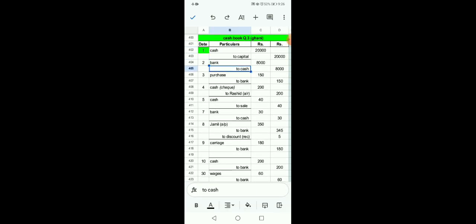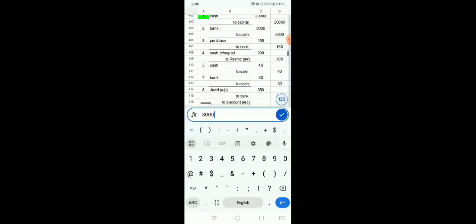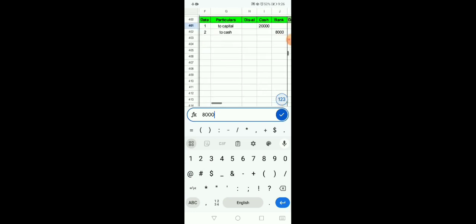Entry number 2 had two elements, and bank has been posted. Now the second element is cash, which is credited by 8,000. We will go to the credit side of cash and write 8,000 over here. Now see its reference: what is written on the opposite side of cash? That is bank. You may have observed that we have used an additional word, by, and you will do the same.